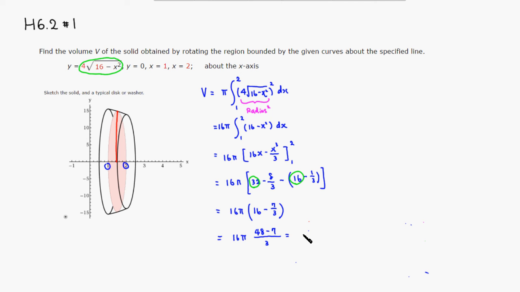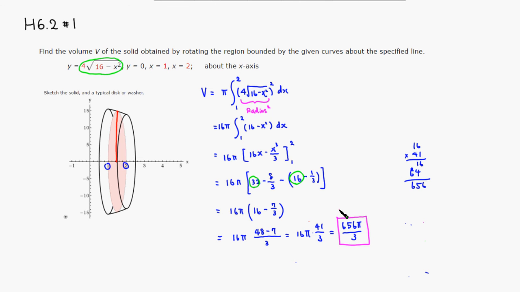So this is going to be 16 pi times 41 over 3. What's 16 times 41? It's 656. So you have 656 pi over 3. That's the volume.